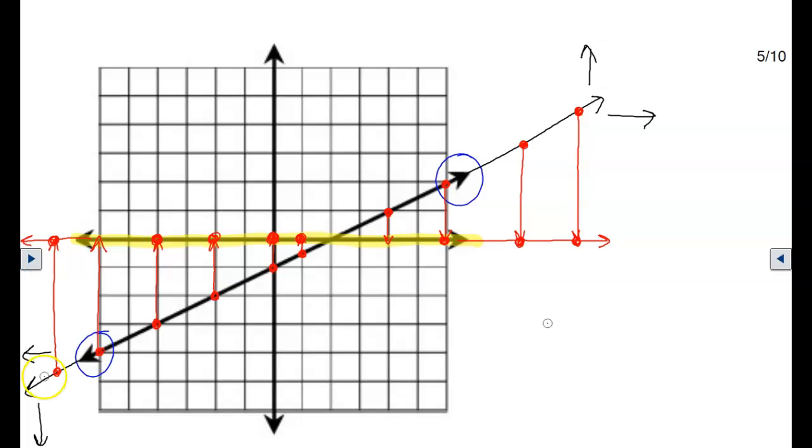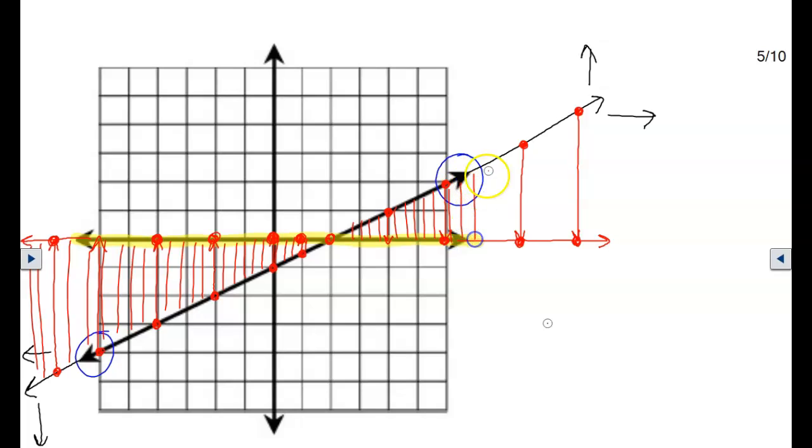Now here's what I want you to notice this time. I've done a selected few points, but all of these other points that are on this line, I could start at each one of those and I could trace every single point back to the x-axis.